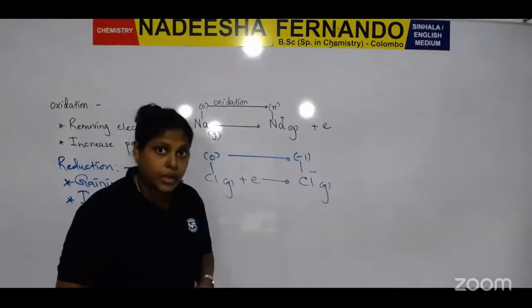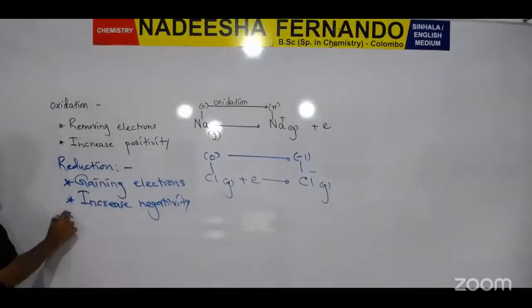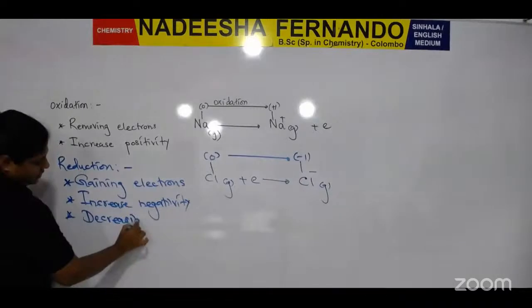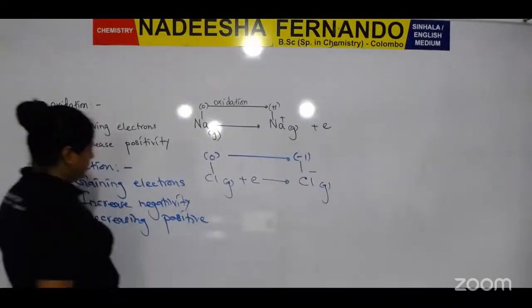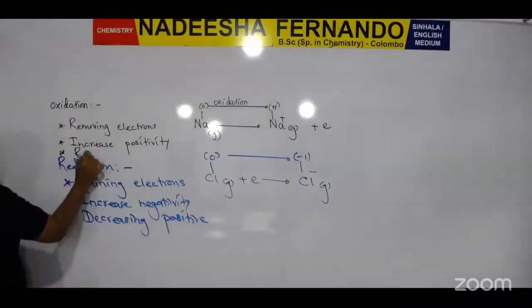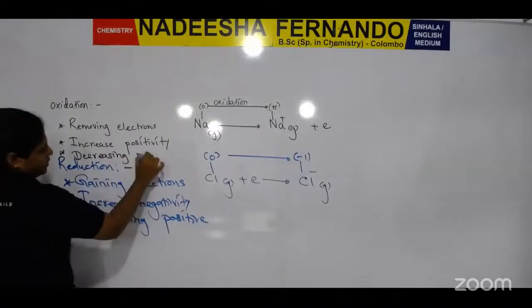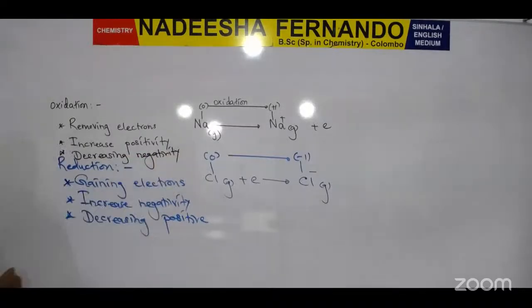In another way, decreasing positivity is called reduction. And for oxidation, you can write decreasing negativity. So this is oxidation, and this is reduction.